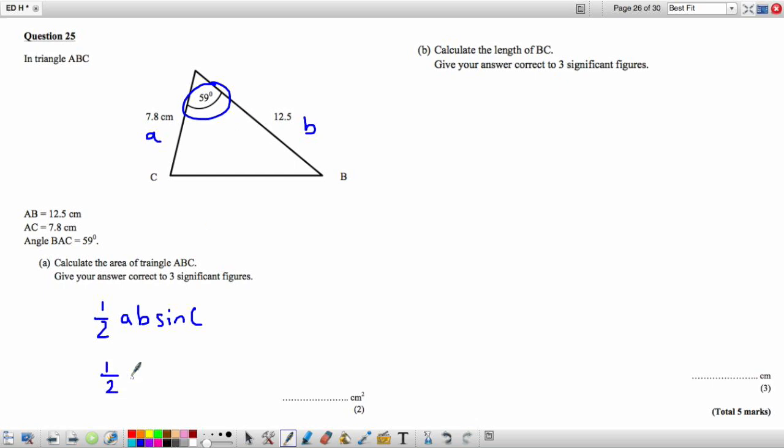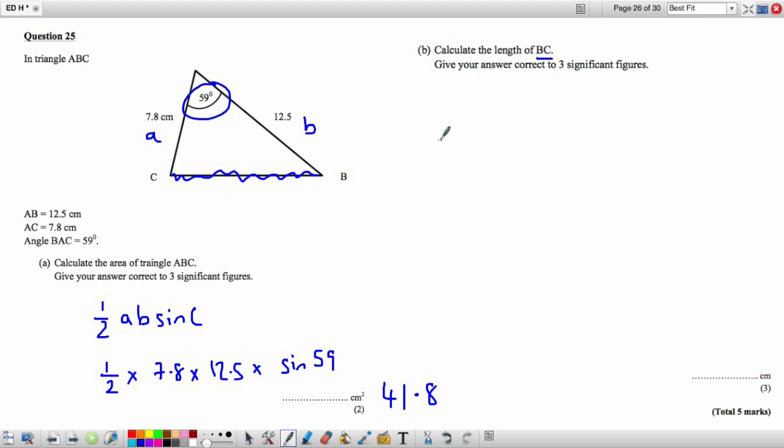Substituting into your calculator, half times 7.8 times 12.5 times sine 59. Correct to 3 significant figures is 41.8.